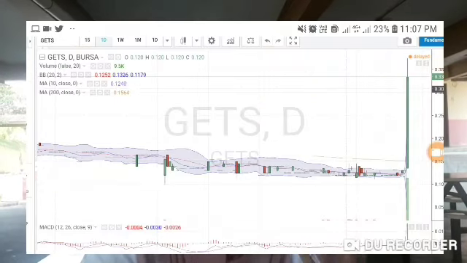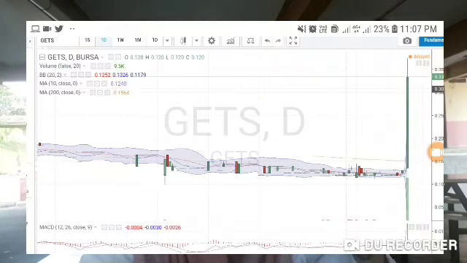For example, Gates Global got a big green Marubozu in their stock market, which means their performance is in an upward trend. This is due to the involvement of Dr. Mahathir's son in the stock market.